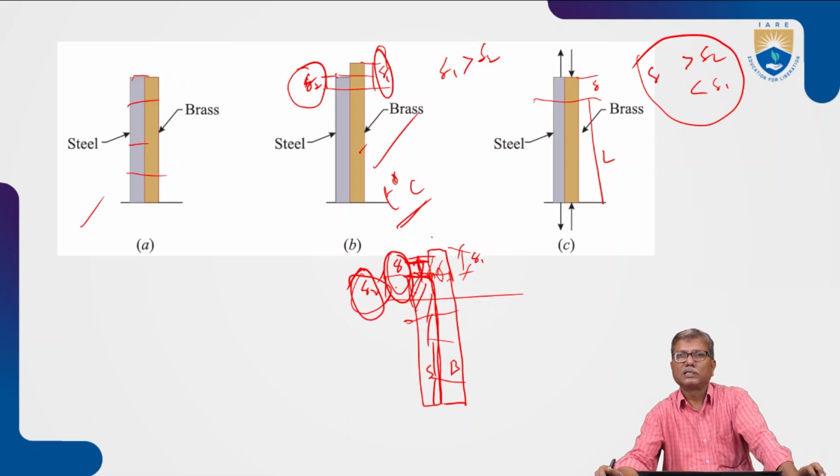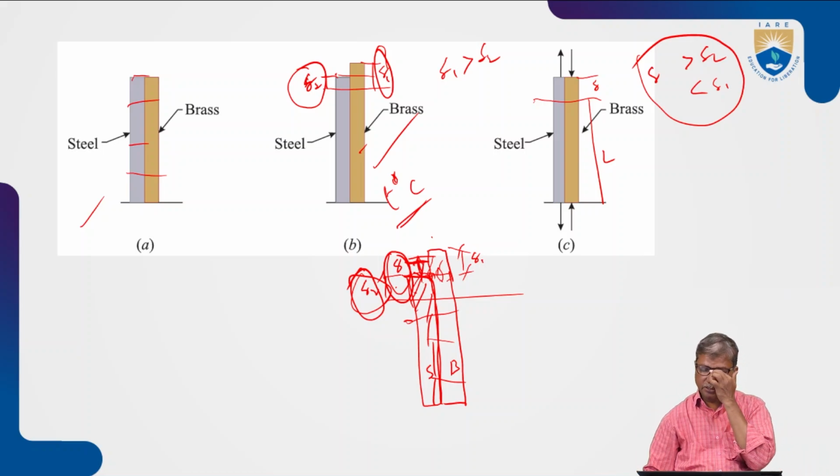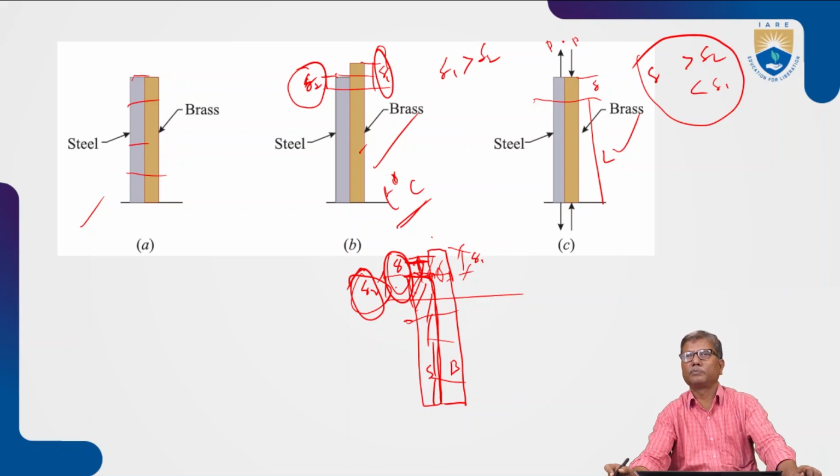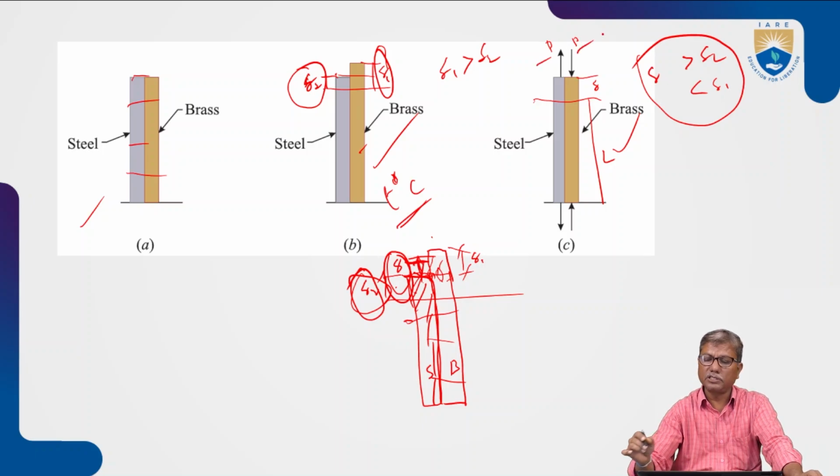Now how much stress will be developed in both the materials when connected rigidly? In this case, for the final expansion delta, the steel bar will be under a tensile force and the brass bar will be under a compressive force. These forces will be the same.